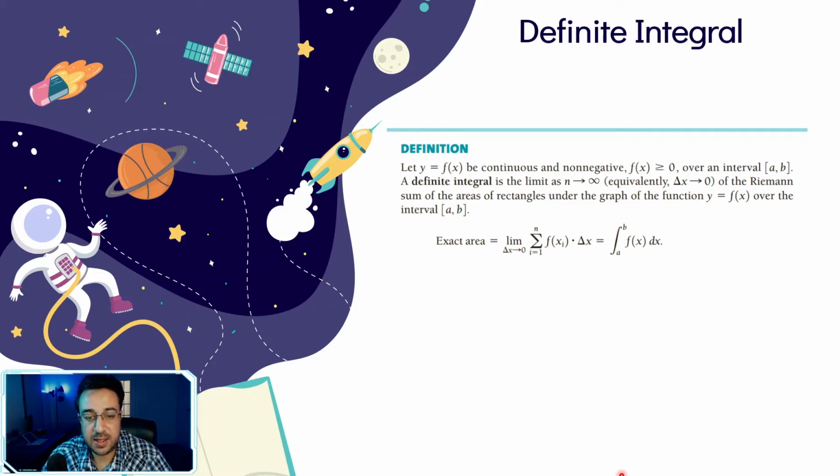So the exact area equals the limit as delta x approaches 0 of the summation from i equals 1 to n of f of x i multiplied by delta x. That would be simply represented as the integration from a to b of f of x dx. That would be the definite integral.